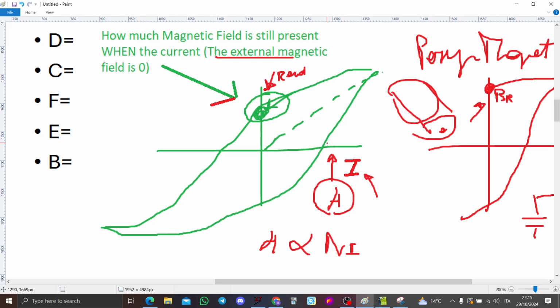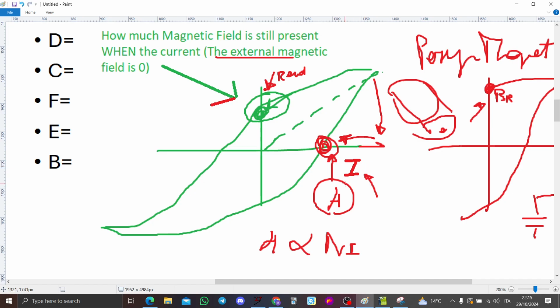Basically you can use the same definition here. This is how much current you need to use to bring the field to 0. I use the current again, I know. But it is easier to understand how much current you have to use to bring the field to 0.